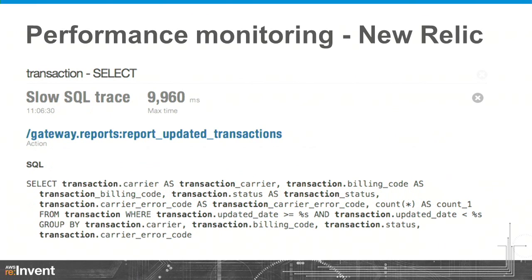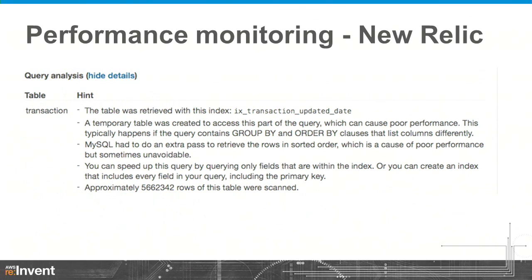It also allows us to see slow queries from the point of view of the application and not using the MySQL slow log, and it shows an explanation in plain English of what's happening with the query, what index it's using, if any, and how many records it scanned, and suggests ways to improve performance.